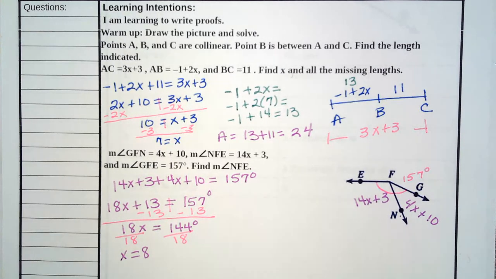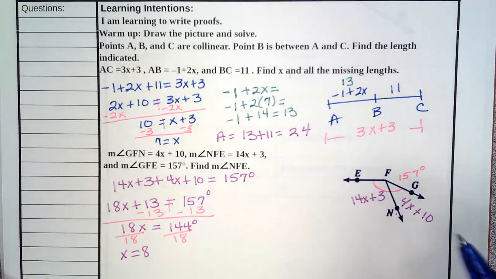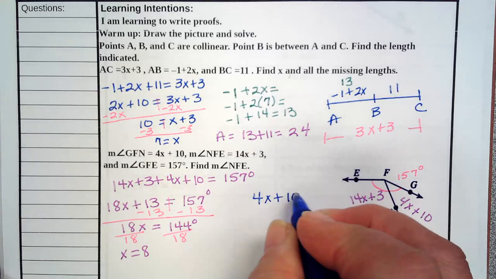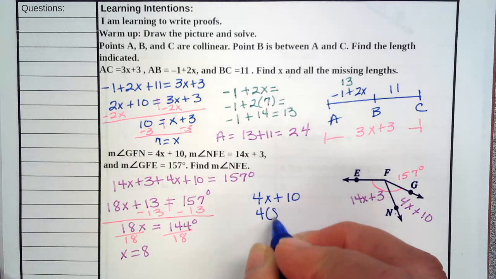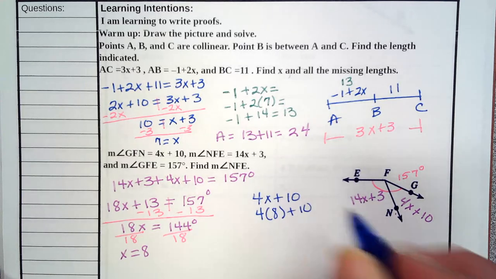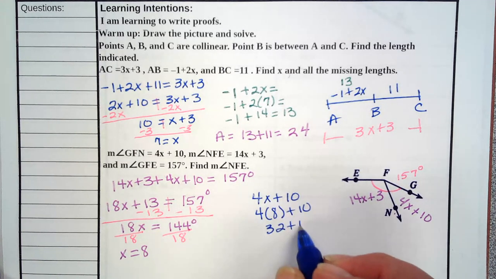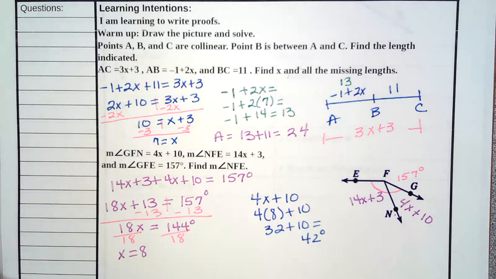The first one I have to use one of the two expressions for, and it doesn't matter which one I find first. This one has smaller numbers, so it's 4x plus 10, but x is 8, so it's 4 times 8 plus 10. 4 times 8 is 32 plus 10, which gives me 42 degrees.